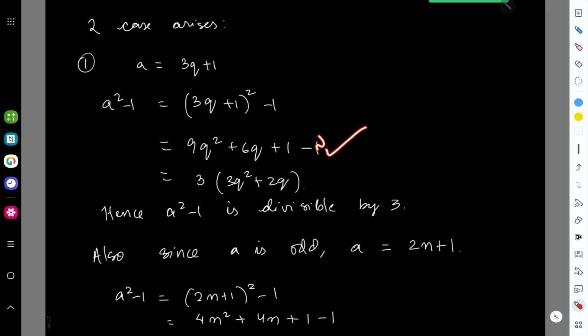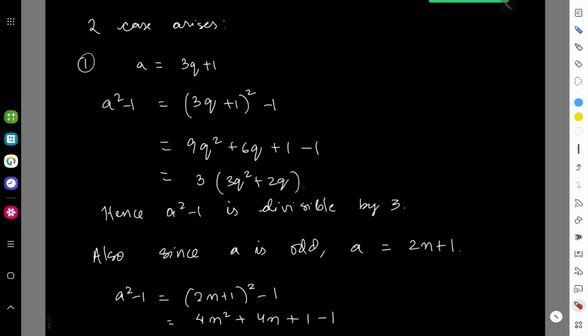This is what I got after cancelling out minus 1 plus 1. I am just left with these two terms, and I can take 3 common, then I'll be left with this.